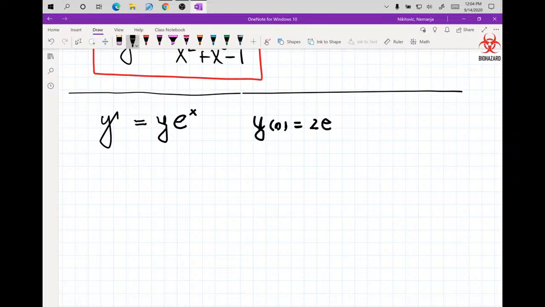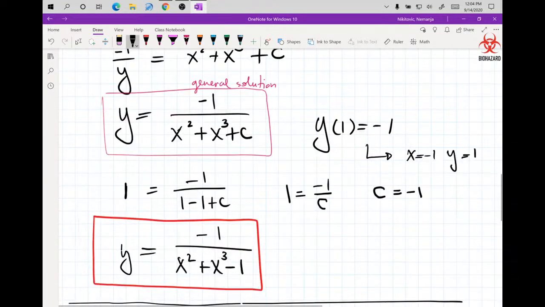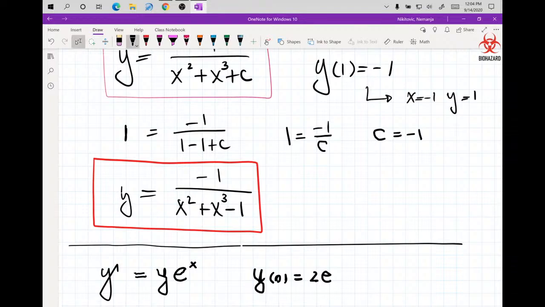Wait, did I do something wrong in the previous one? Oh. All right, by the time you finish this, I'm going to flip and change all of this. That's a -1. Now this is going to be 1 plus 1 plus c. So the negative is gone, and it's going to be c plus 2.